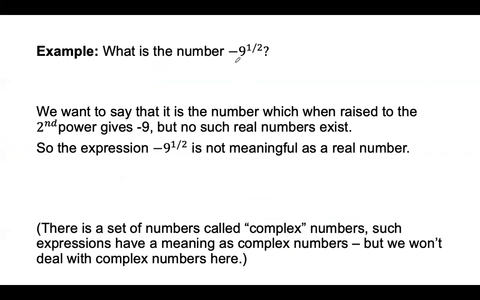So what is the number? -9 raised to 1/2. So we want -9 raised to the 1/2. This equal to x. So this means x squared is equal to -9. So is this possible? No, right? Well, it is possible in complex numbers, but we're not going into complex numbers in this course.